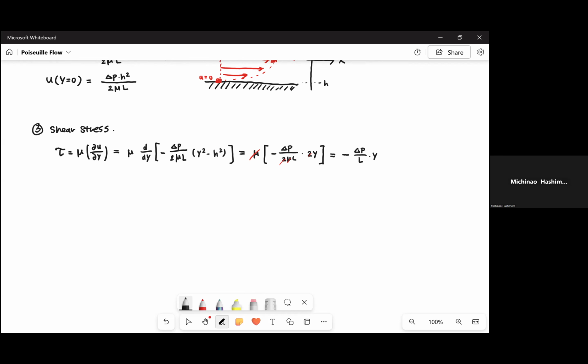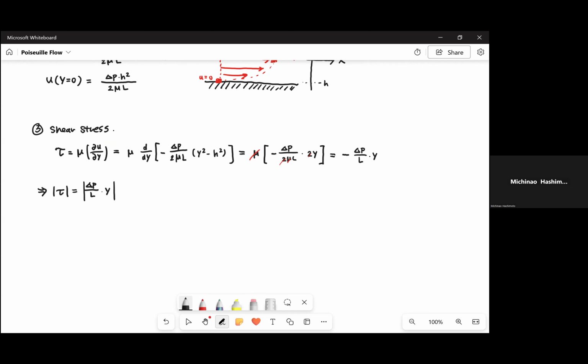If we want to consider the direction of the shear stress, not just the sign, we have to look at the axial flow. This equation, however, still gives the magnitude of the shear stress, which is delta P over L times y.